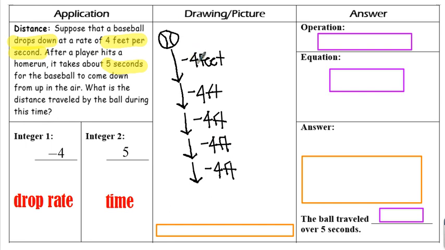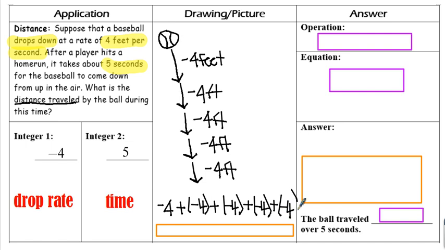So here we're going to be adding up all those seconds, which is 5, and then we're looking at the distance traveled by the ball. So negative 4 feet plus negative 4 plus negative 4 feet plus negative 4 feet plus negative 4. We're doing that for 5 because it's 5 seconds.